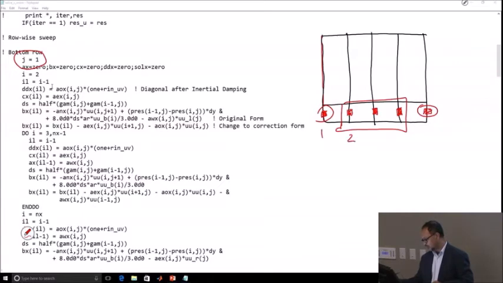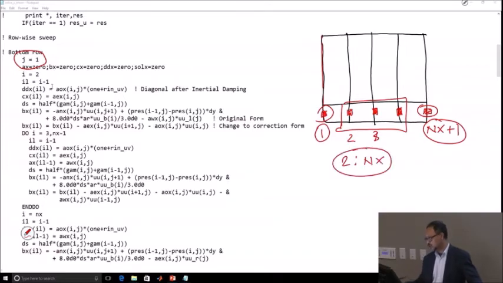This is 1, 2, 3, and so on, and this is nx plus 1 at last one. Because you see there are 4 cells, so my nx is 4. This is 5th one, nx plus 1. Okay? So number 1 and nx plus 1 I don't need to solve for. I need to solve for 2 through nx. That's my solution domain.